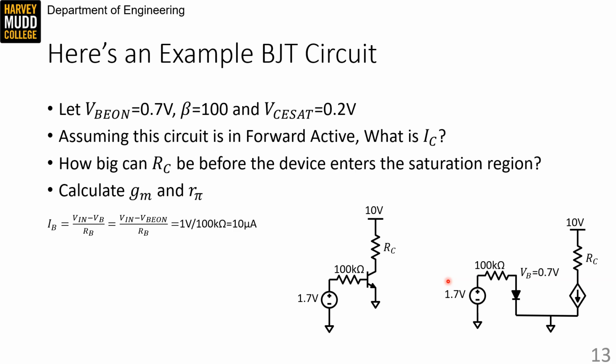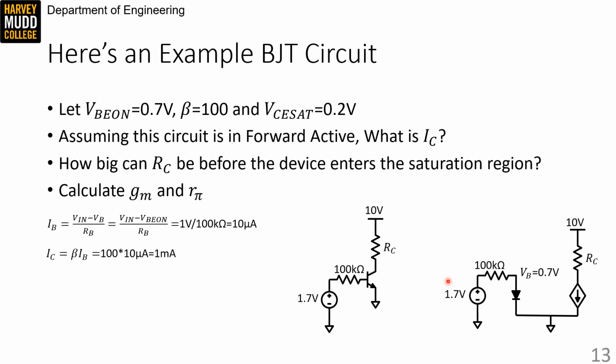We calculate the base current by finding the current in the 100 kilo ohm base resistor. We find the voltage across it by subtracting the base voltage from the 1.7 volt input voltage. The base current is 10 microamps. Because we're in forward active, IC is given by beta times IB, so IC is 1 milliamp.